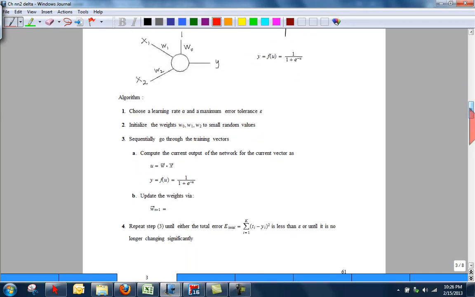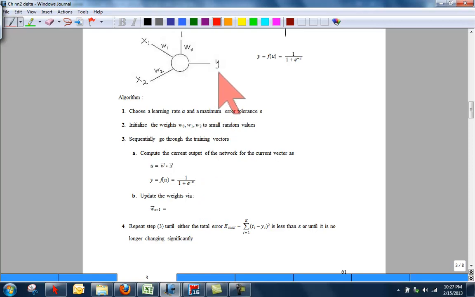Again, just like with the perceptron, we'll initialize the weights to some small random values. We'll go through the set of training vectors. We'll input one vector at a time and compute w dot x. That's u. Feed that now into this new function f, and that gets my network guess.